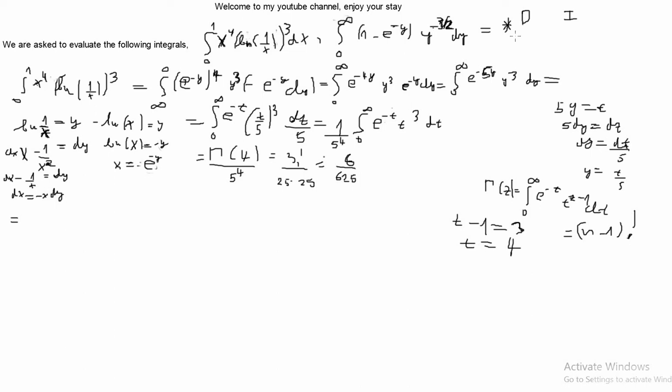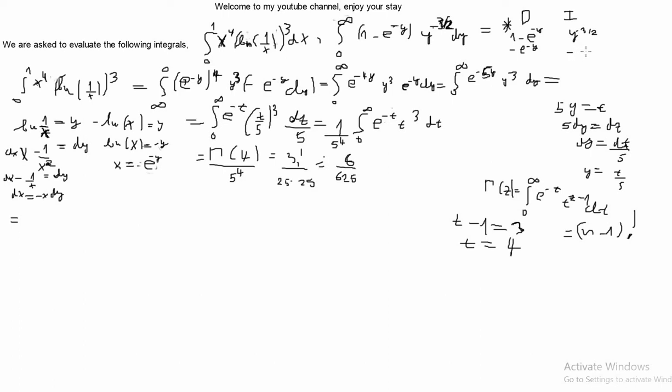So what will we do? We will take the derivative of 1 minus e to the negative y, and integrate y to the power of negative 3 over 2. We will differentiate this and integrate this. What do we get? We get e to the negative y. When we do the integration, we add 1 to the exponent, and it becomes y to the negative 1 over 2, divided by that.